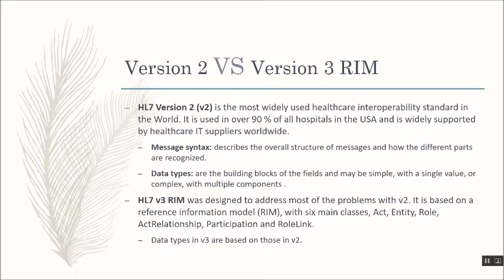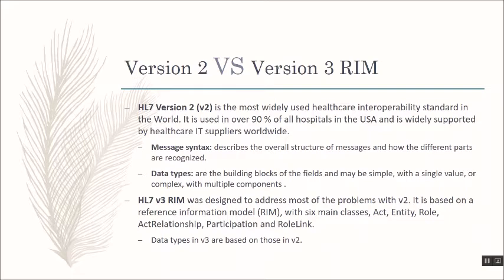This part describes the overall structure of a message and how the different parts are recognized. The second part is the data types. The data types are the building blocks of the fields and may be simple with a single value or complex with multiple components. I will talk about these two components in a couple of minutes with a sample message.